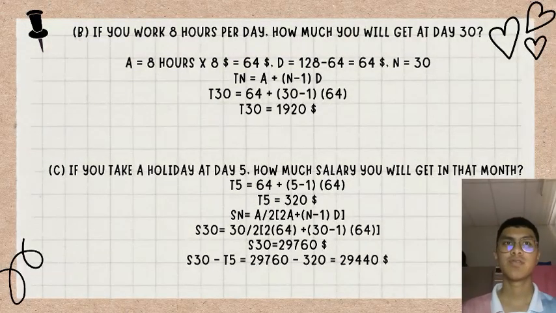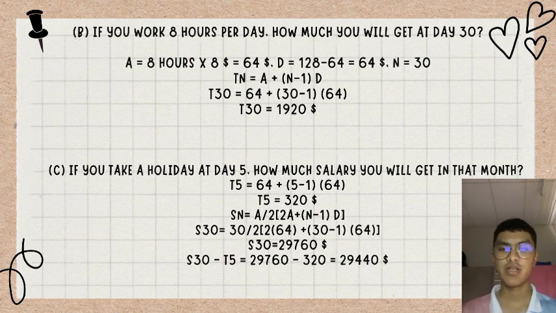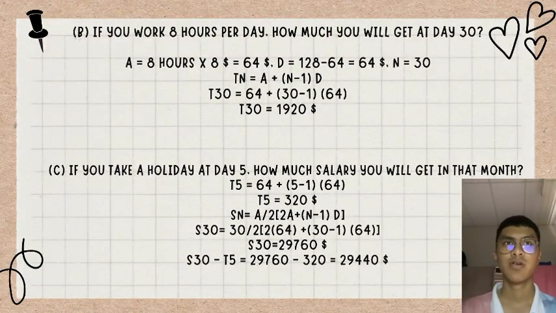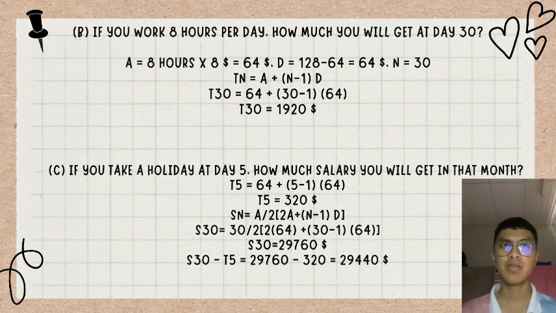Firstly, we must use the formula Tn equals to A plus N minus 1 times D, and then we just need to insert the input that we have, which is N equals to 5, A equals to 64, and D equals to 64, and it will be T5 equals to 64 plus 5 minus 1 times 64, and we will get T5 equals to $320.